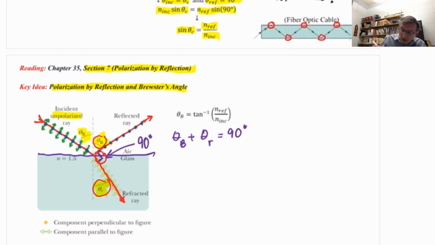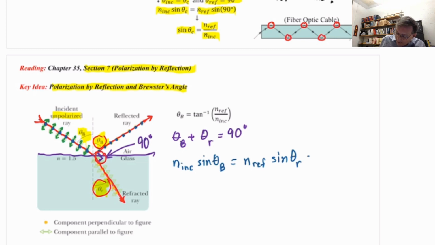All right, now let's apply the law of refraction. I'll write it this way: n incident sine theta incident, well, that's theta b, must equal n refracting sine theta refracting. The picture calls that theta r.